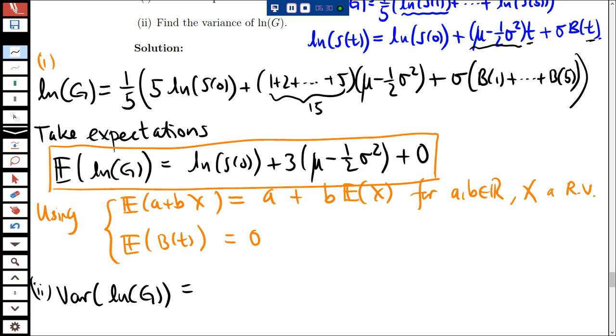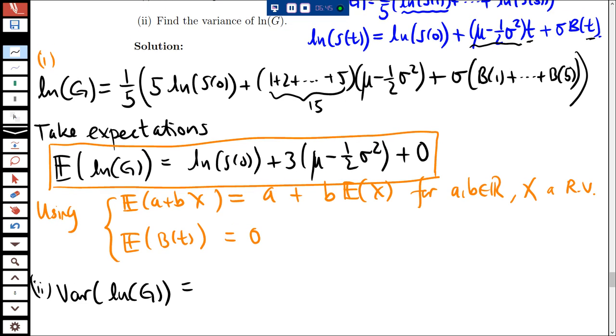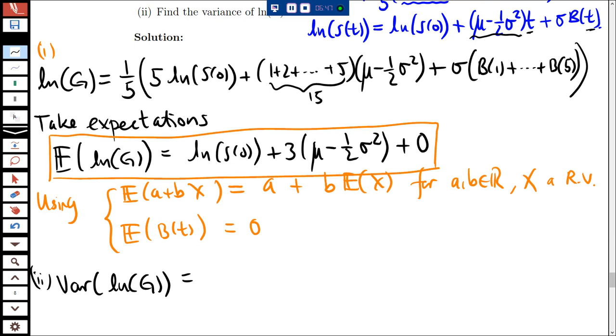Well, if you take the variance of a constant plus some multiple of a random variable, the constant disappears. The constant in front of the random variable becomes squared. So I'll write the answer, then I'll explain why. So we have the first terms are constants, so they will disappear.